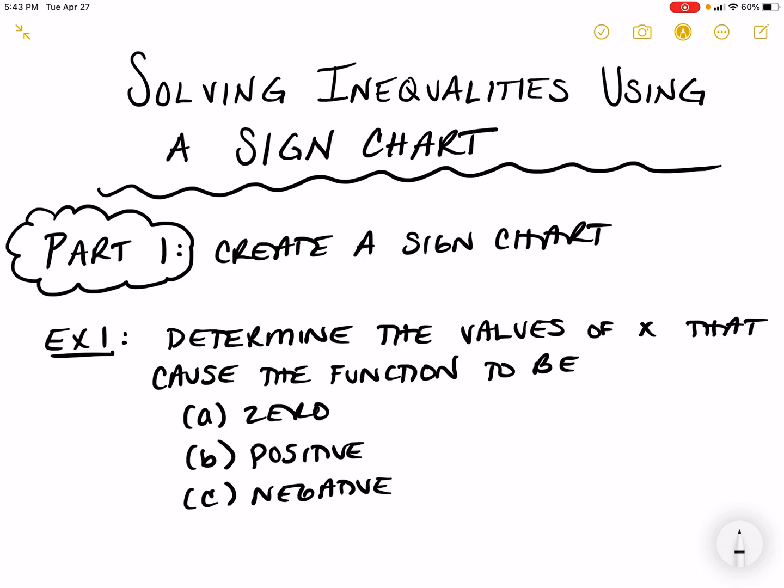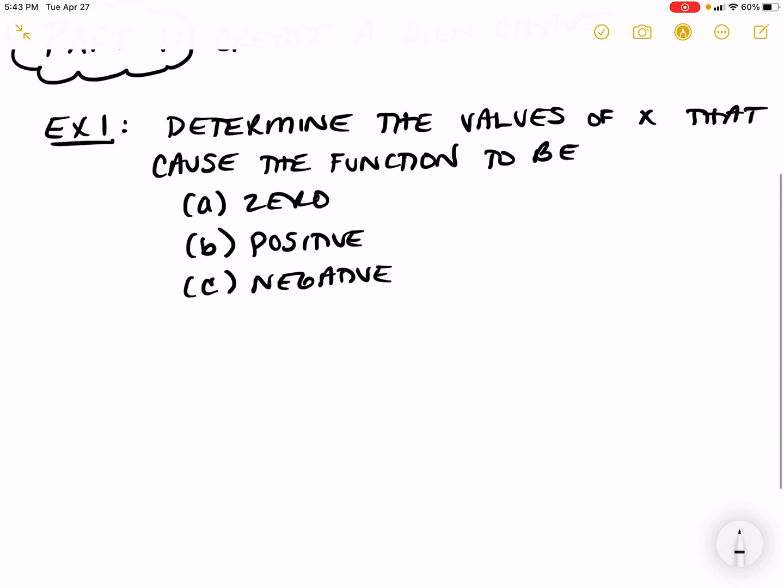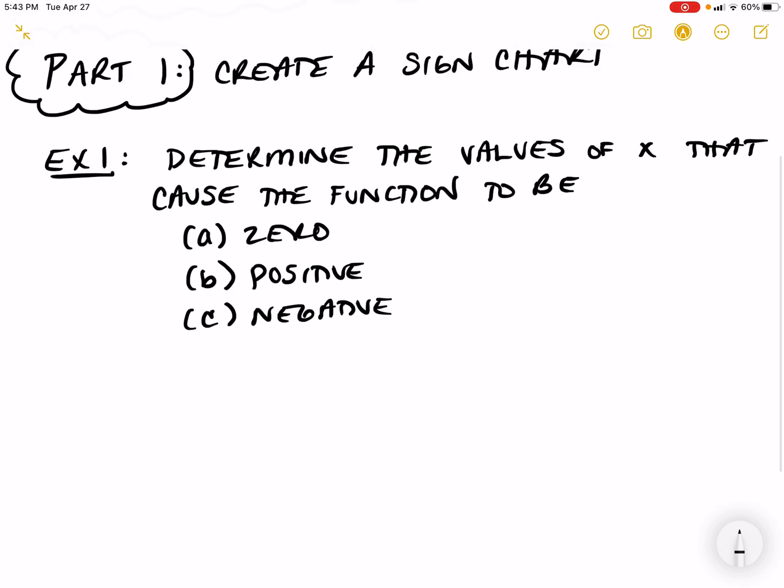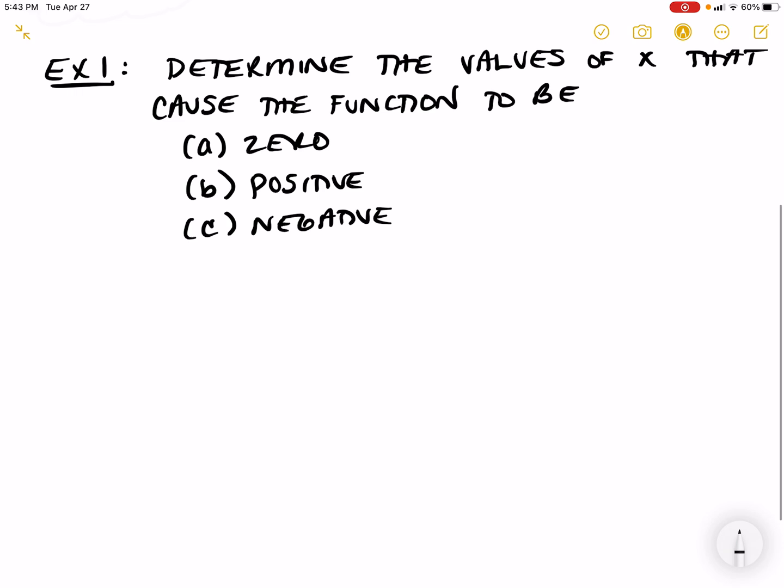So we're not quite solving yet. We're just going to practice using the sign chart idea to determine where the function is 0, positive, and negative. We'll make sense out of all of this.